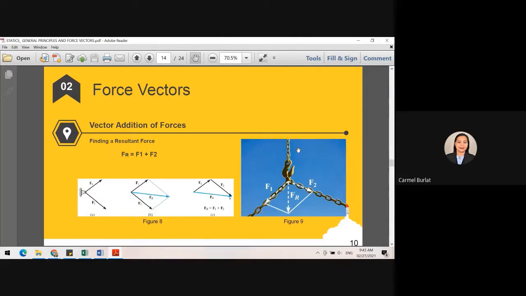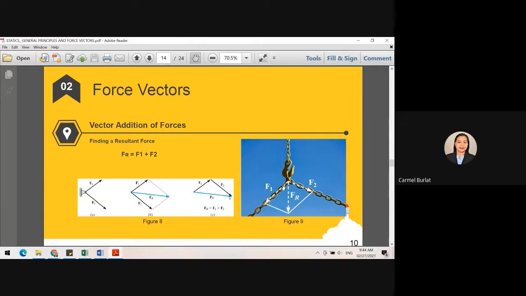Equal but opposite direction. So if you are asked to analyze a particle at a point, put point A here. If point A is at rest, it means all the forces acting on A, the summation of all forces, must be 0.